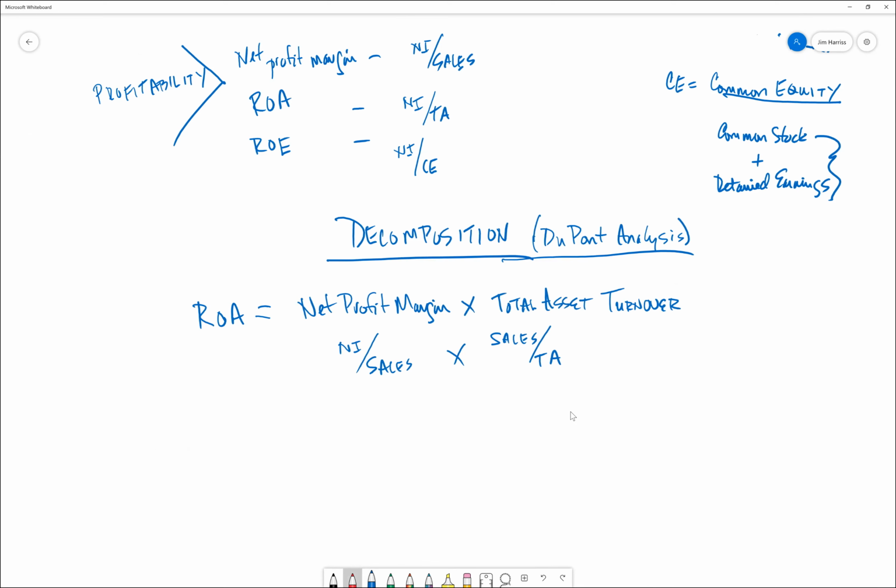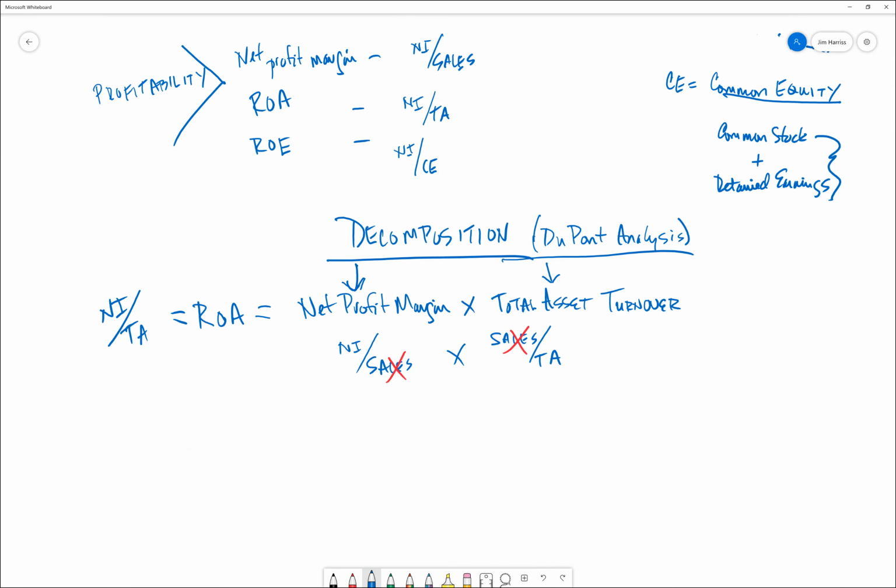Okay, so what happens if you take out the common term? What are you at? You're at what we started with, net income divided by total assets. Okay? All right, so why did we do that? Well, now you're going to know if your ROA was lower than your competitors', why that was. You've got a good idea of figuring it out now, because it's either going to be because of your profitability or because of your asset utilization.